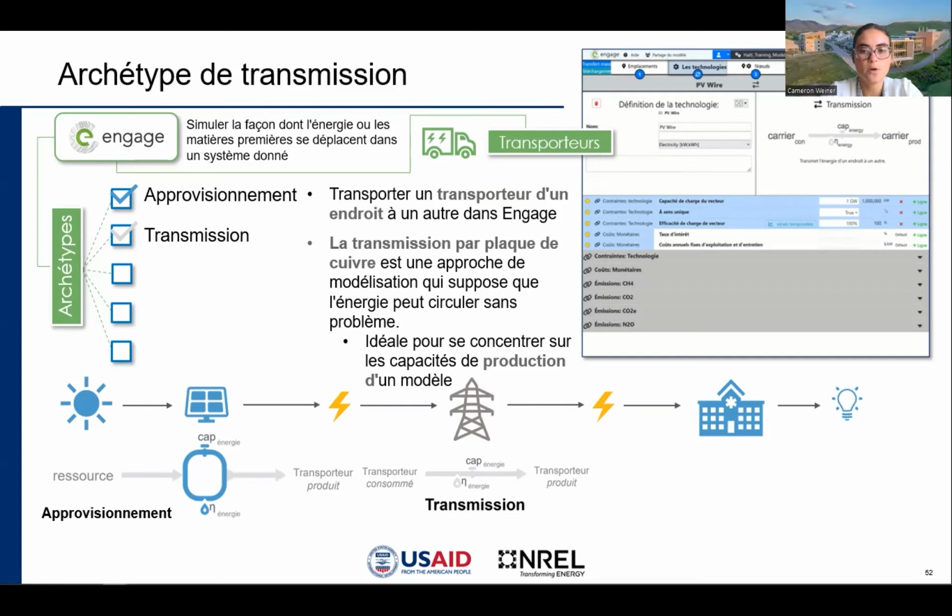Transmission lines in real life are also generally very efficient and otherwise complex to model. But we're going to dive into configuring non-copper plate transmission systems in a subsequent training session because it gets a little bit more complex.